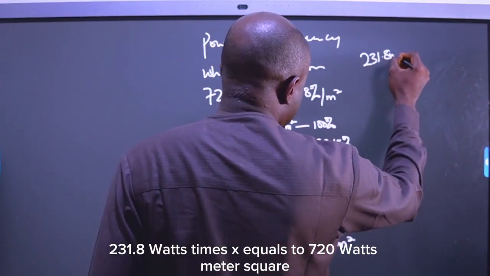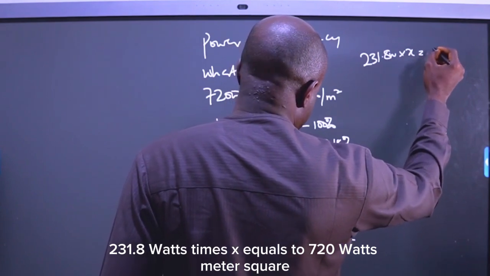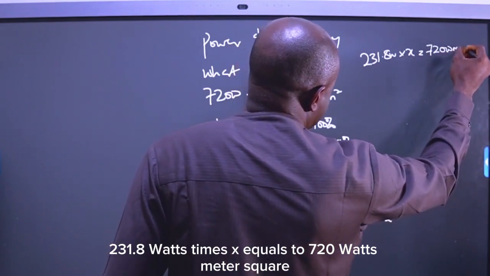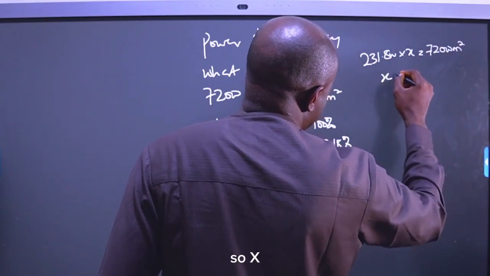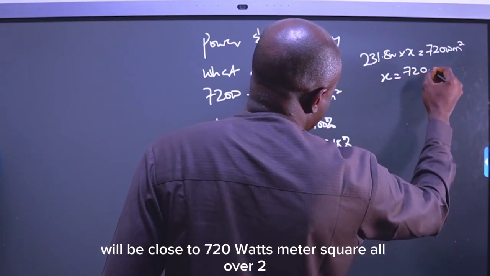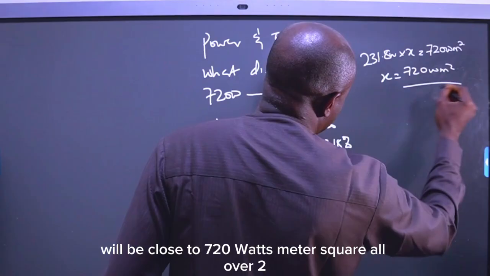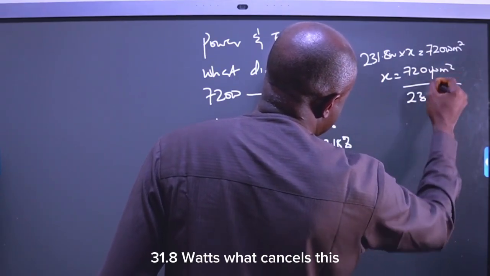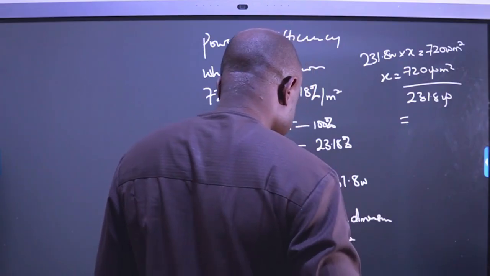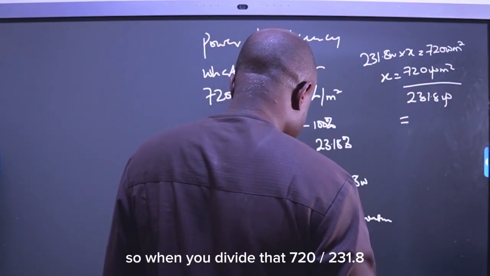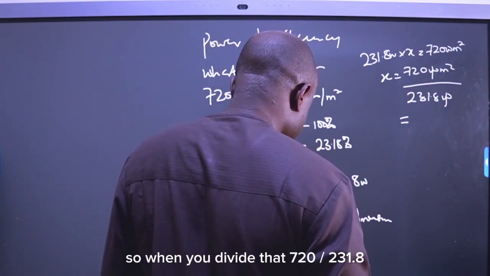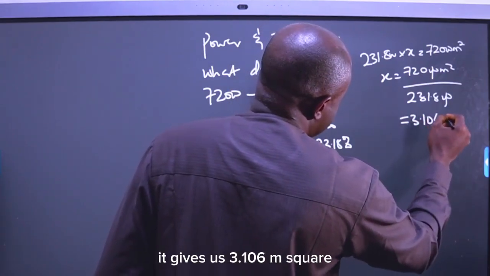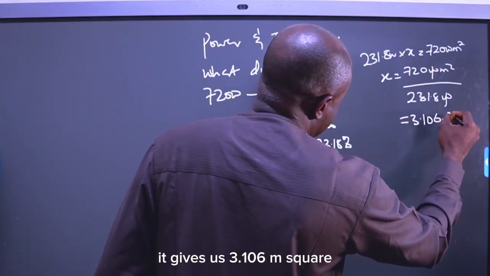231.8 watts times X equals 720 watts meter square. So X will be equal to 720 watts meter square all over 231.8 watts. Watt cancels watt. So when you divide 720 by 231.8, it gives us 3.106 meter square.